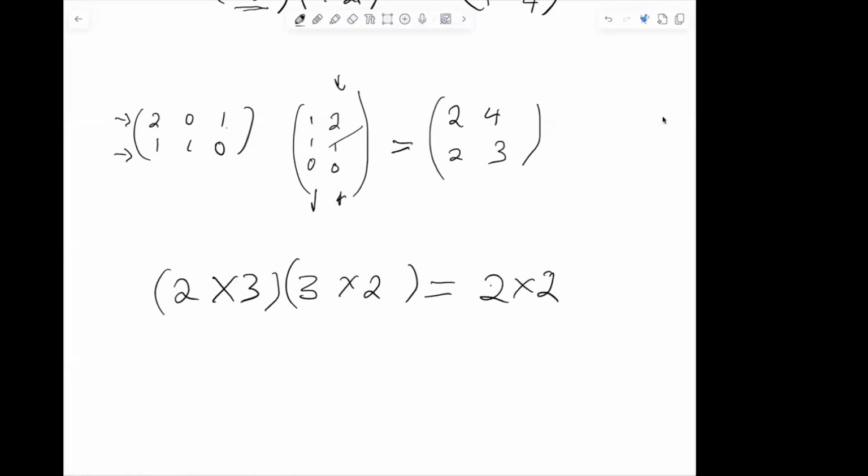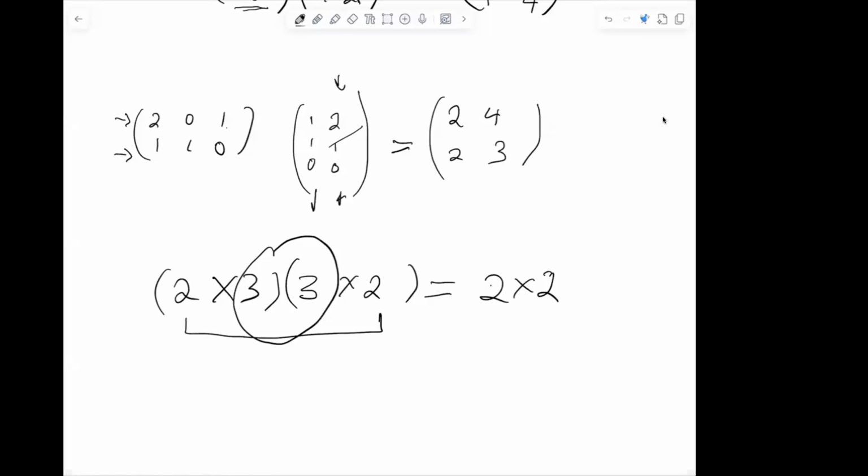In order for two matrices to be able to multiply one another, the number of columns in the first has to be equal to the number of rows in the second. So you see the 3 and the 3. And the resulting dimensions will always be, in this case, 2 by 2.